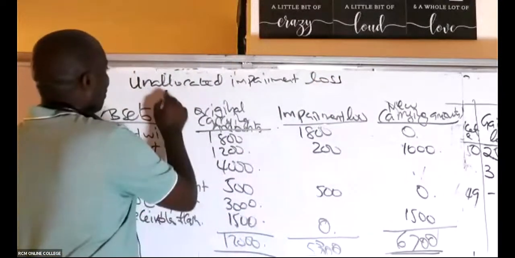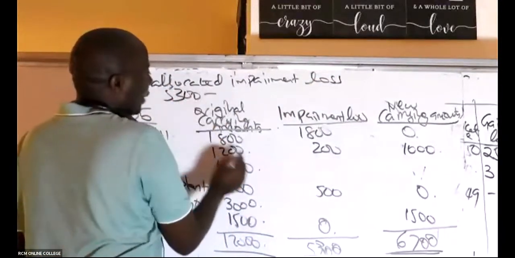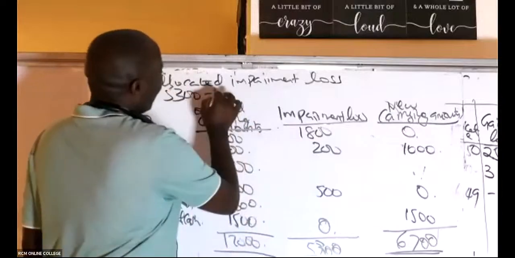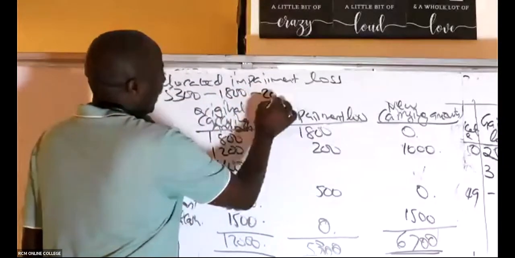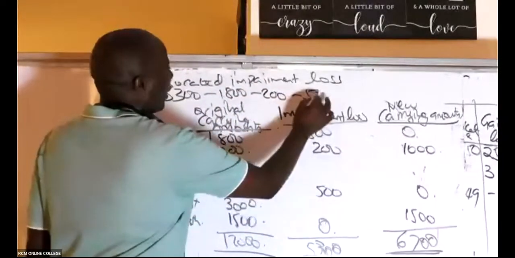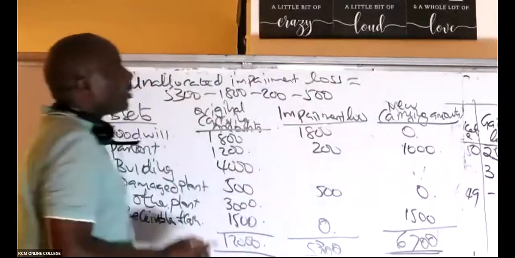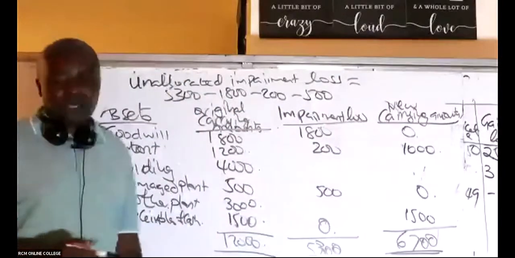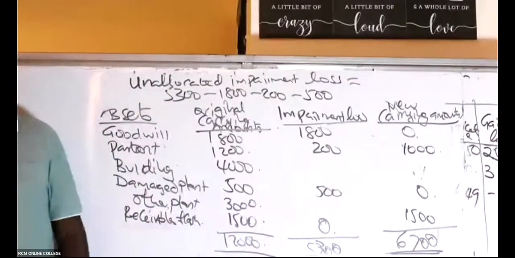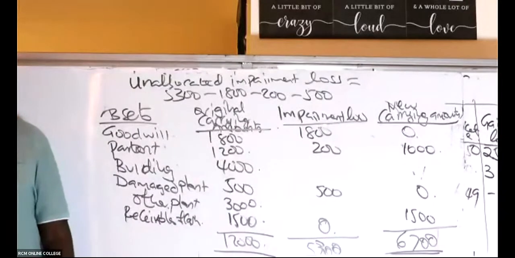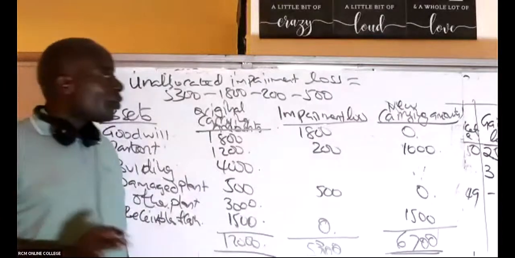Unallocated impairment loss will be 5,300 minus whatever you have here: 1,800 minus 200 minus 500. Which figure does that give me, ladies and gentlemen, as the unallocated impairment loss? They're giving you 2,800, isn't it? 2,800, right? Chasang has confirmed 2,800.